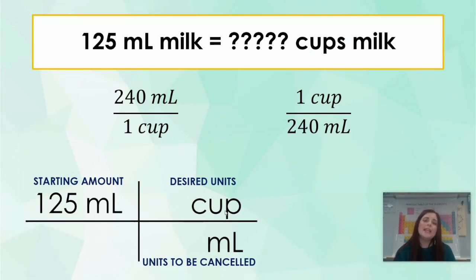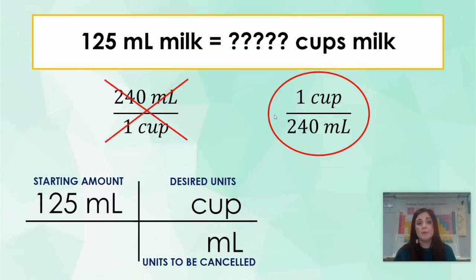I need to go back and determine which one of these fractions has the units in the correct place. So notice that I have cups in the numerator and I have milliliters in the denominator right here. Which one of these has that set up? Hopefully you would identify that the one on the right has that as the setup. So what we can do is take those numbers and plug them in to my dimensional analysis problem.